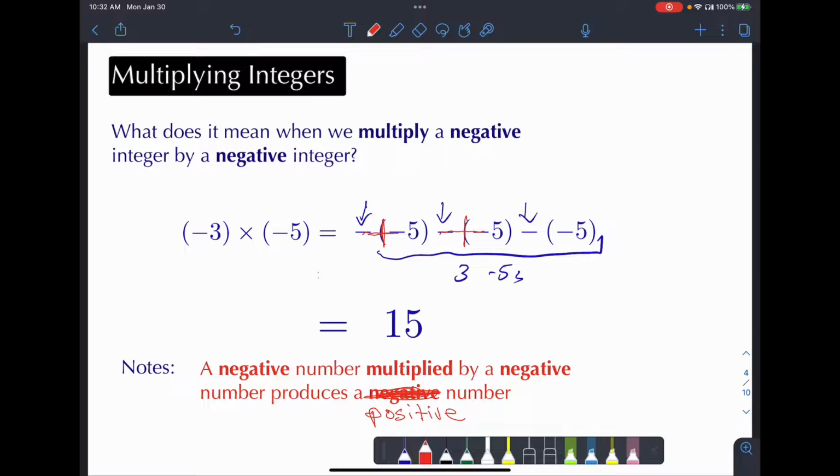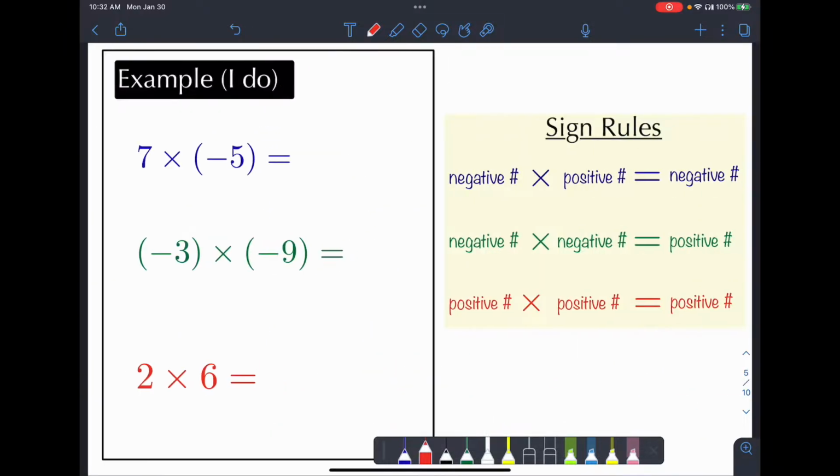Okay, so that's how we multiply integers. So why don't I do an example. What I have here on the right is just some rules that we talked about. If we have a negative number times a positive number, we end up with a negative number. Two negatives gives us a positive, and two positives gives us a positive.